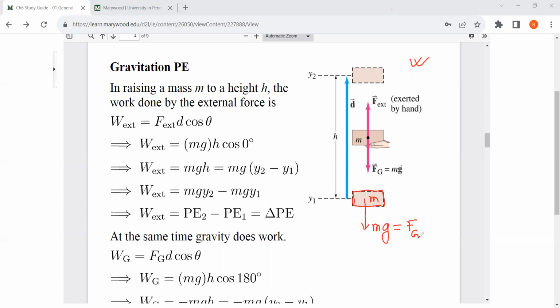Now if you want to lift it up, you have to apply force against gravity, because gravity is in this direction.